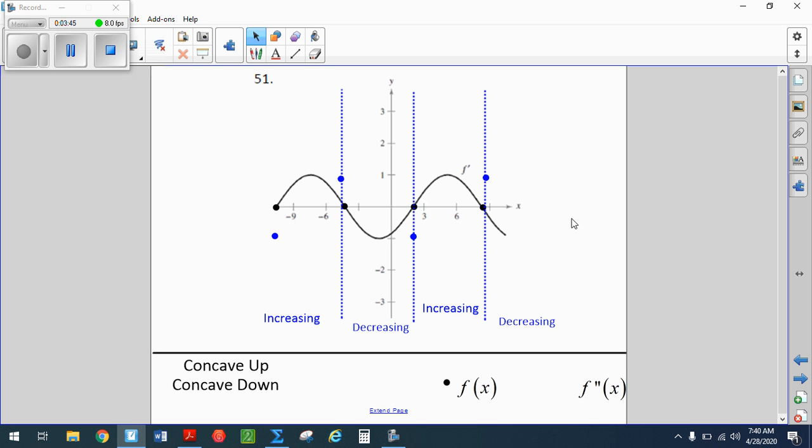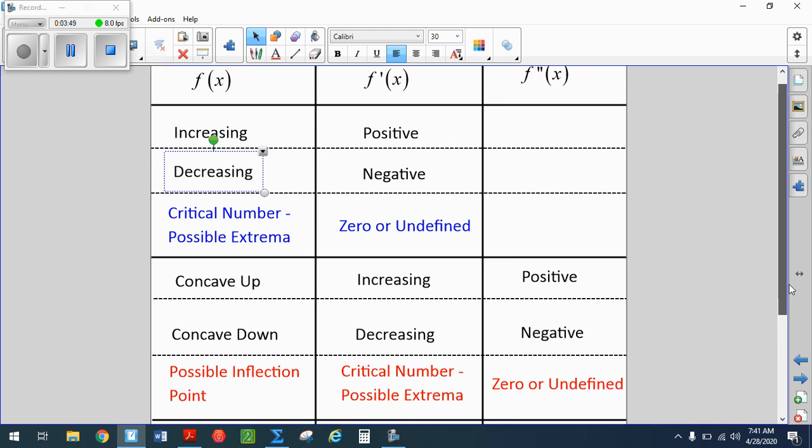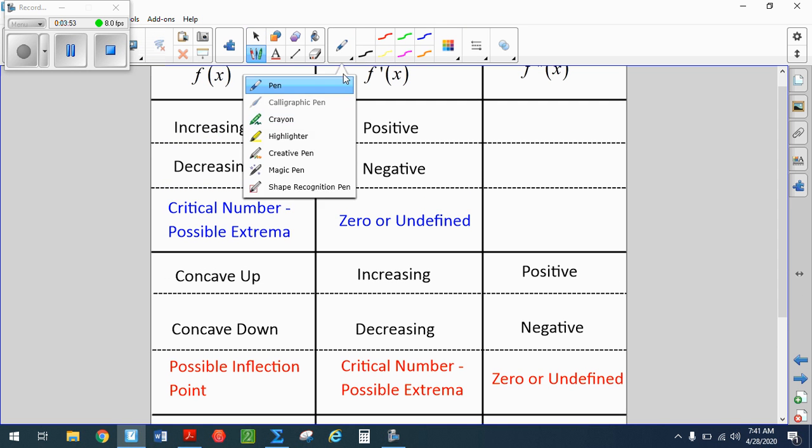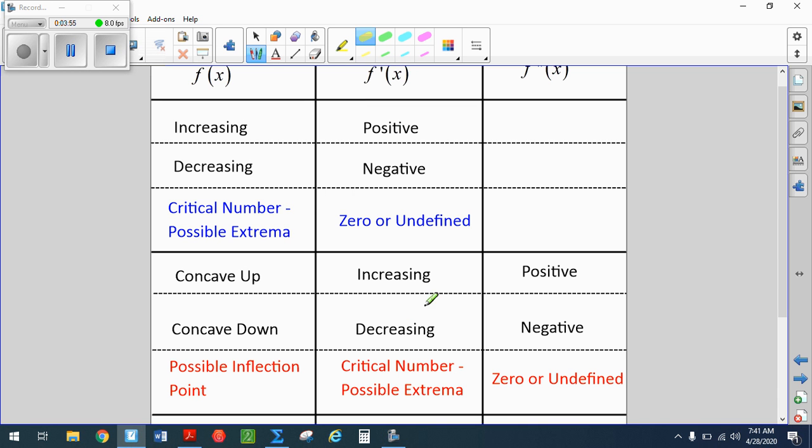We also have extrema on our derivative graph, which means we have inflection points on the original.